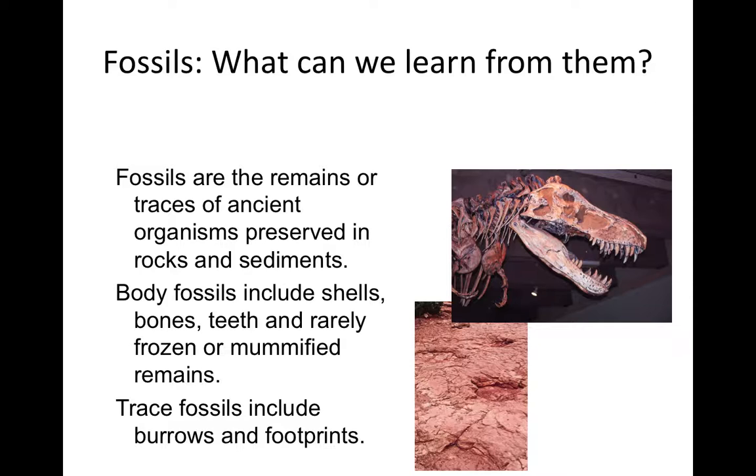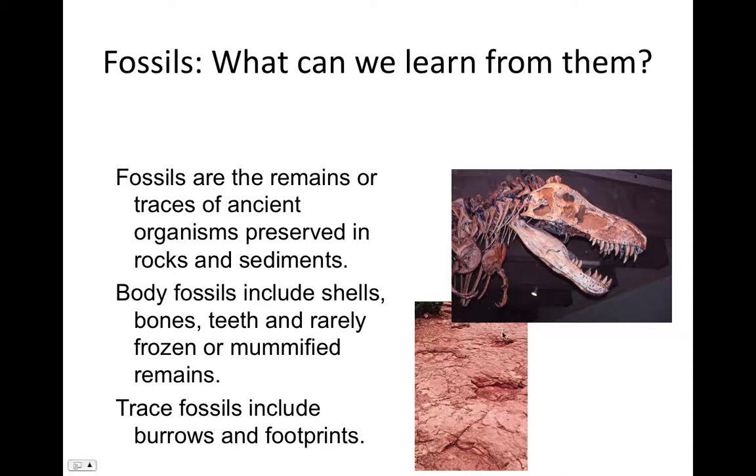There are two types of fossils: body fossils and trace fossils. Here, the skeleton of a Tyrannosaurus rex is considered to be a body fossil because it is the preserved remains of the actual structure or body of the organism. Most body fossils include shells, bones, teeth, and very rarely frozen or mummified soft tissue.